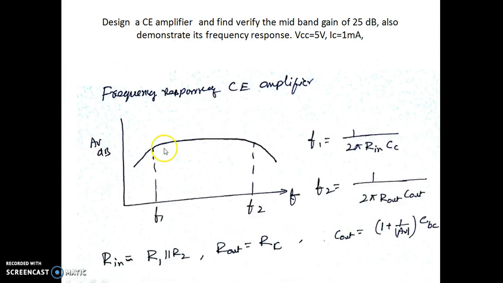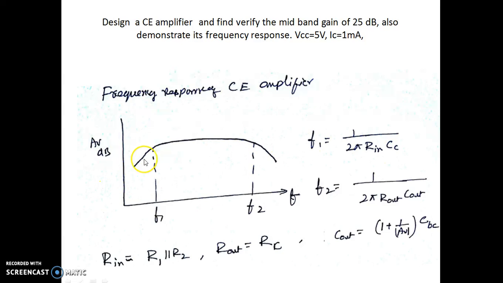Once we are done with that, we can sweep the frequency from a low frequency to a high frequency, maybe from 10 Hz to 10 megahertz. Once we sweep the frequency using a network analyzer, at lower frequencies the gain increases, becomes constant in midband, and again reduces.